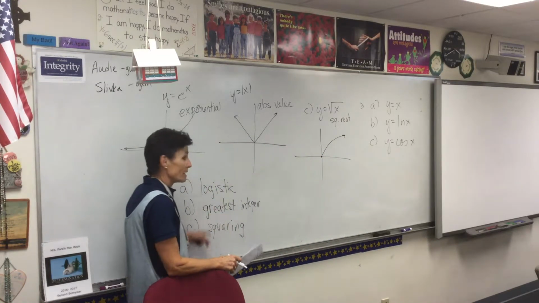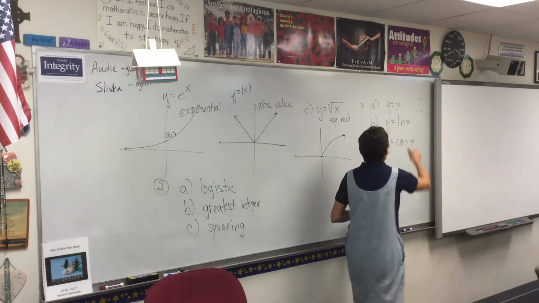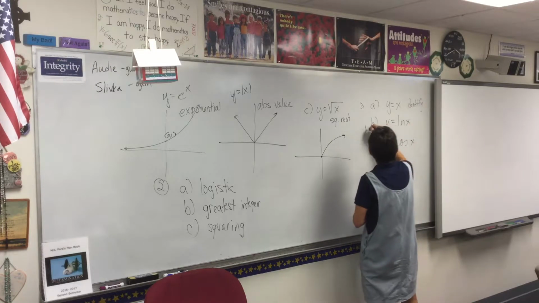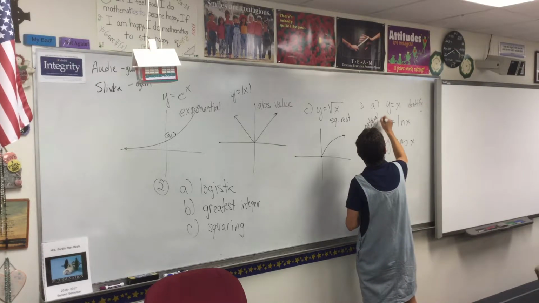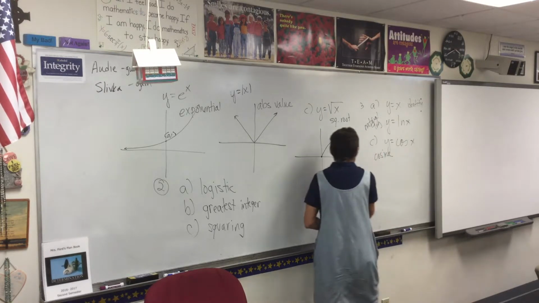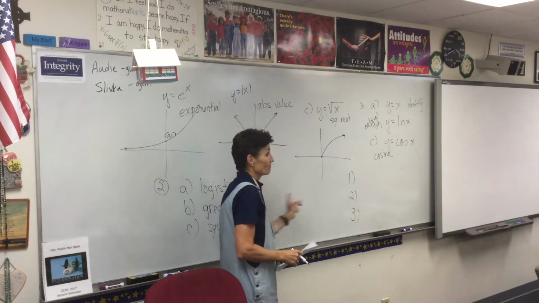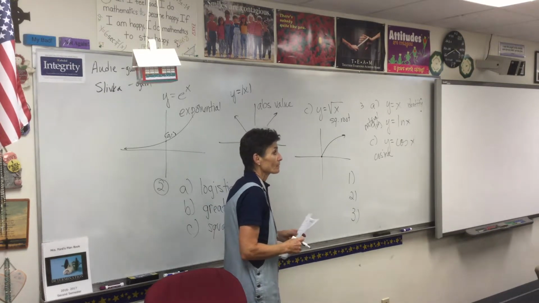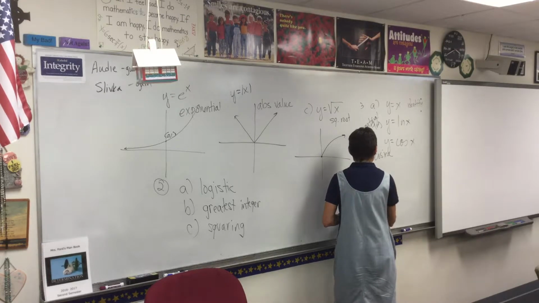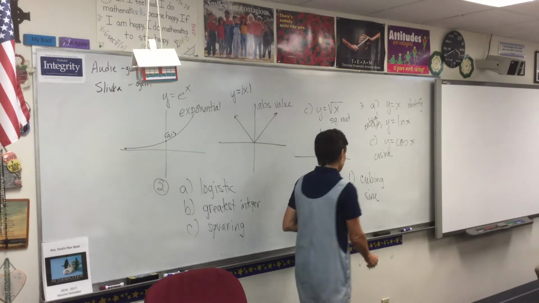The ones you named, the equations you wrote: this is your identity, your natural logarithm, and your cosine. There are 3 that are not up here yet: the cubing function, the sine function, and the reciprocal function.